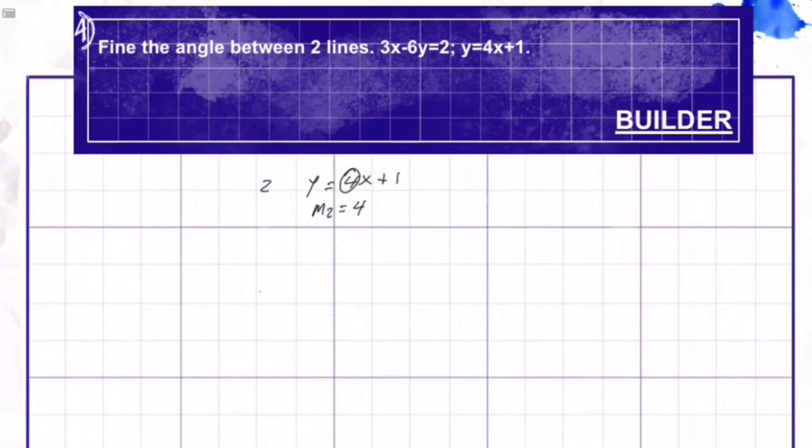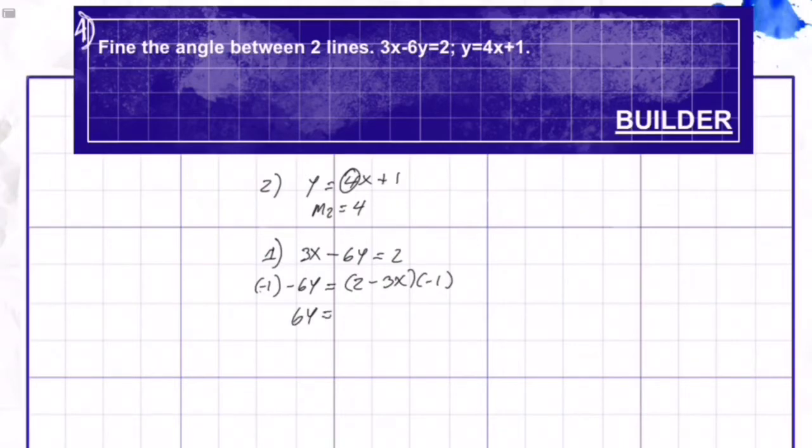And for the first equation, we have that 3x minus 6y equals 2. We have to rearrange and solve for 6y. Minus 6y equals 2 minus 3x. You have to multiply by negative 1, so we can eliminate the negative sign.